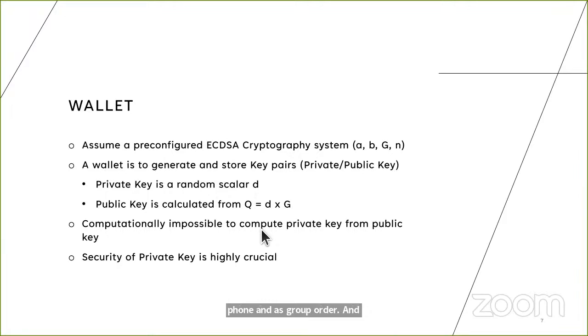And then a wallet is responsible to generate key pairs and store the key pairs securely, and also is responsible to sign messages or transactions. The private key is a random scalar. The public key is calculated by Q equal to d multiplied by G, where G again is the base point.